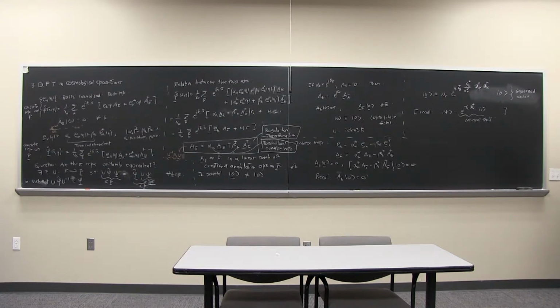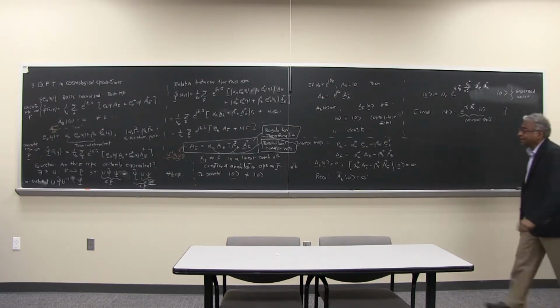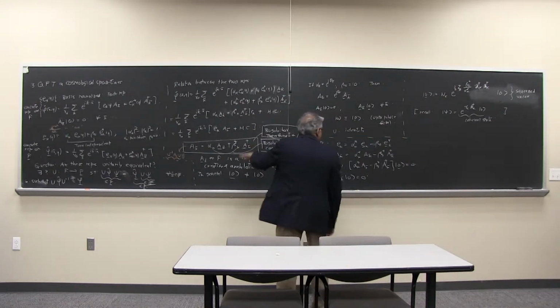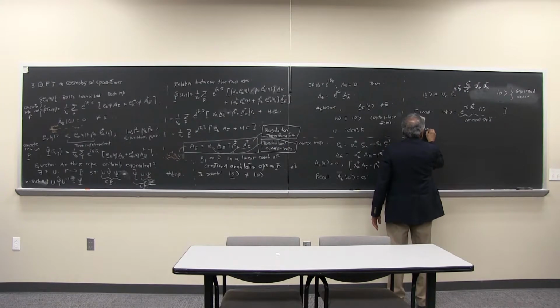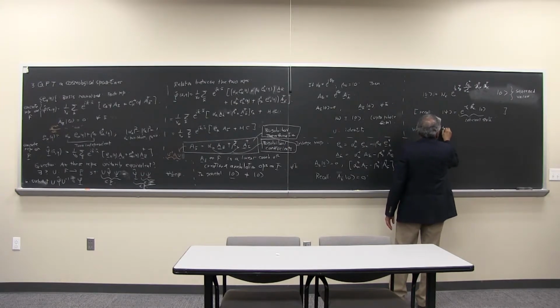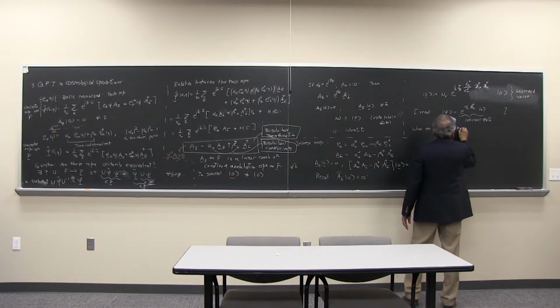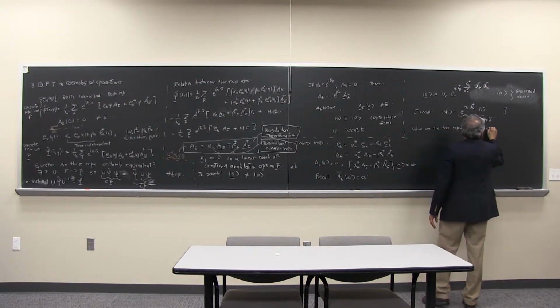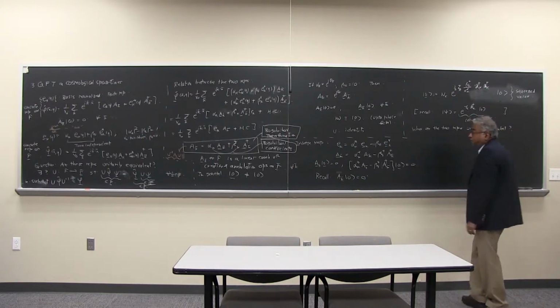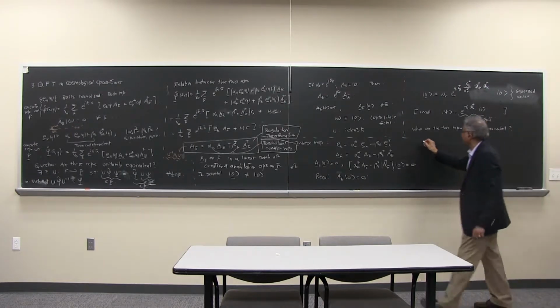All right. So now we said that if the two representations are unitarily equivalent, then all this is true. But when are they unitarily equivalent?